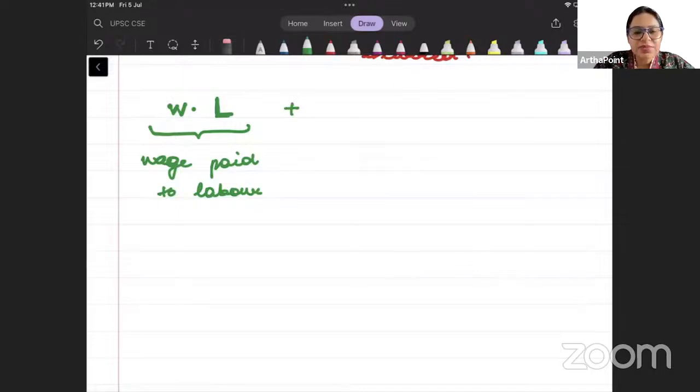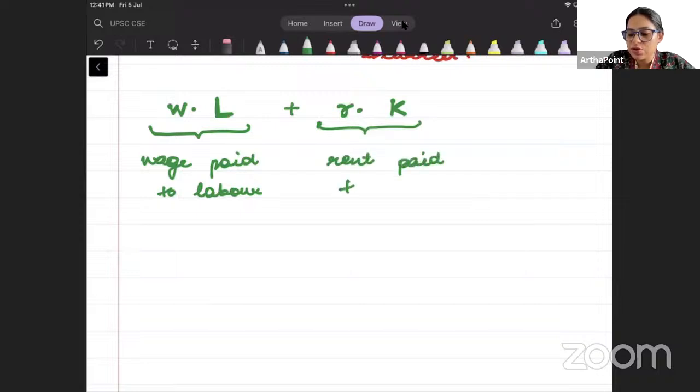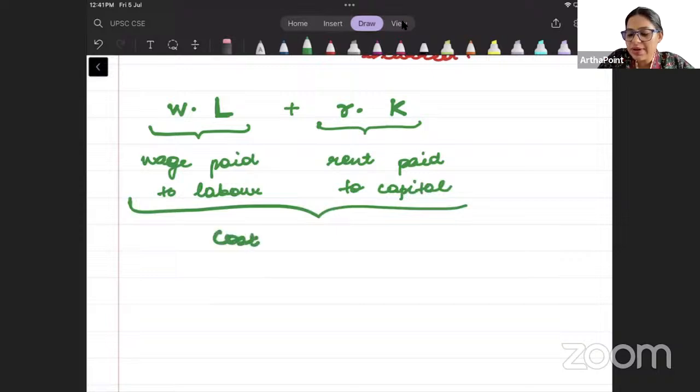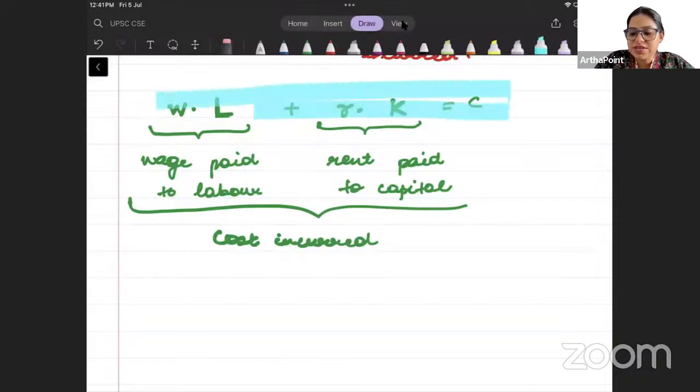Similarly, I am employing K units of capital, and to each unit of capital, I am paying a rental rate of R. So R into K represents the rent paid to capital. So wage plus rent will be the cost incurred by the firm. There are only two inputs, I'm assuming. This is the cost incurred by this firm, and this becomes the cost curve of the firm.